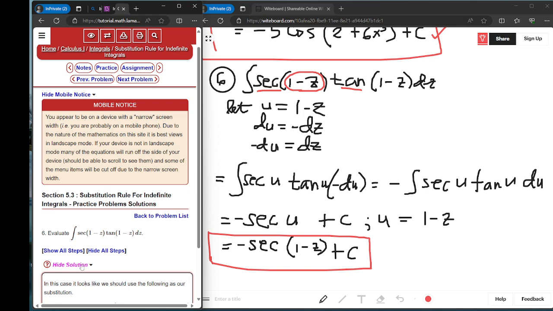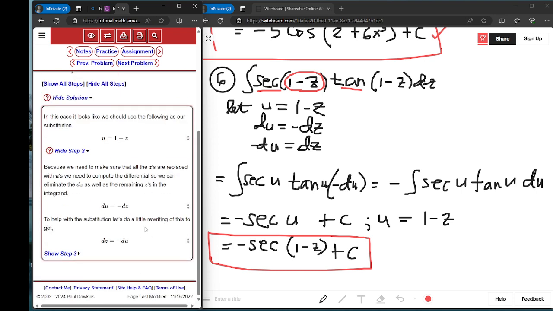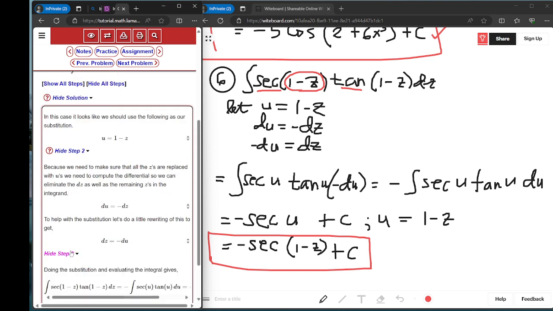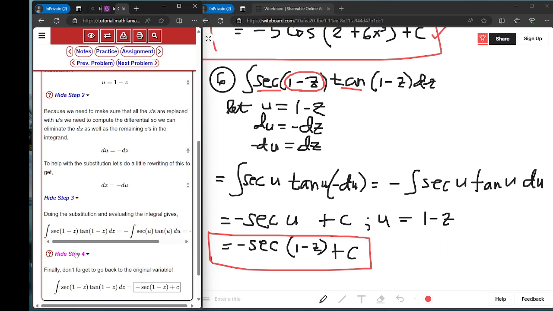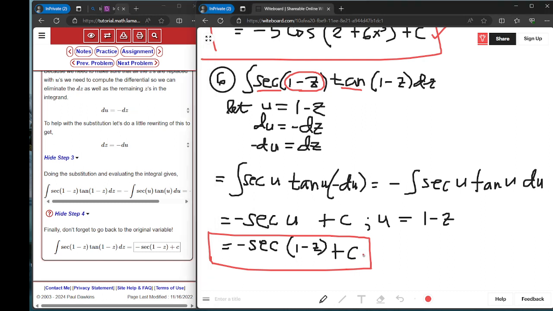The solution for this, yeah, we did it right. We let u equal 1 minus z, so that dz is equal to negative du, and the final answer is negative secant of 1 minus z plus c. So we are actually correct in this.